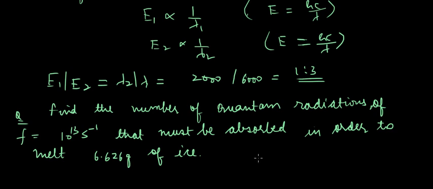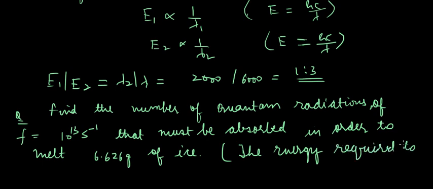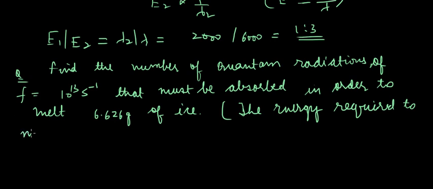You have been given that the energy required to melt 2 gram of ice is 666 joules.